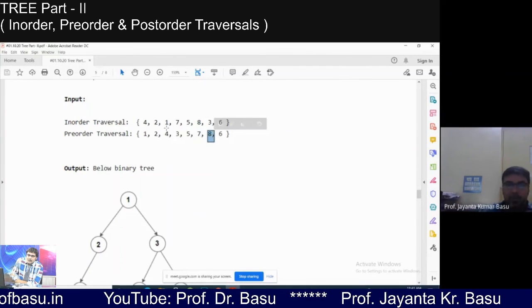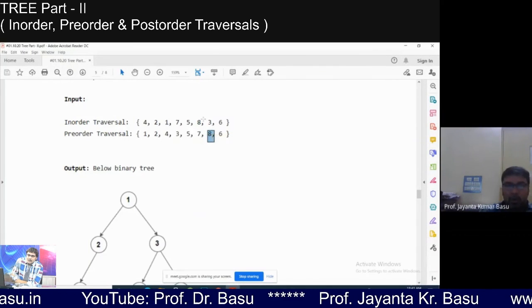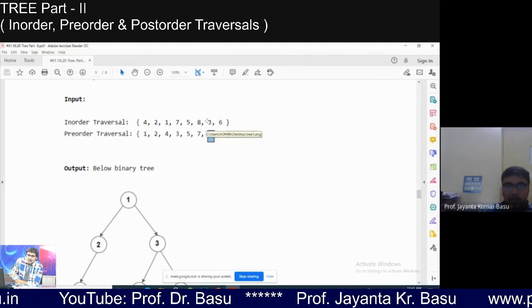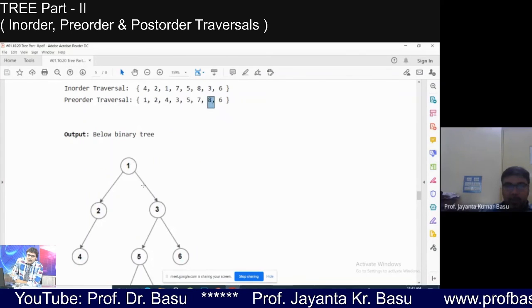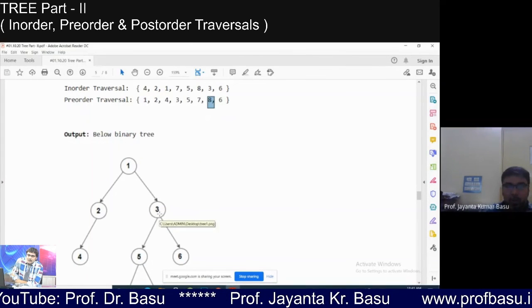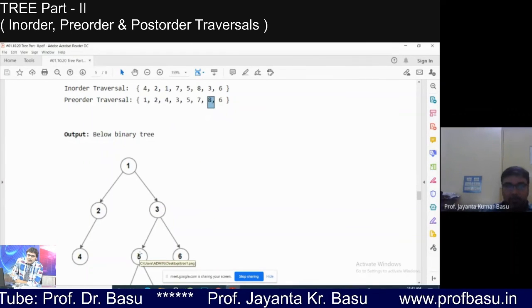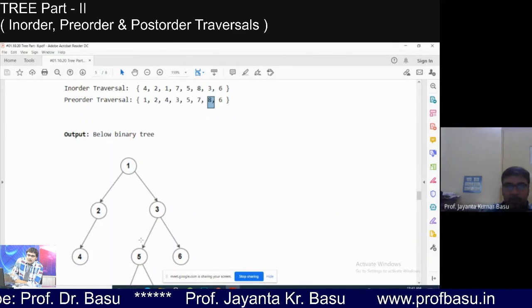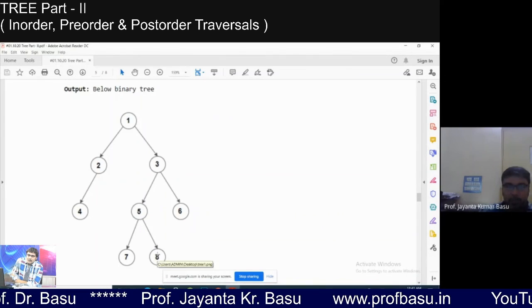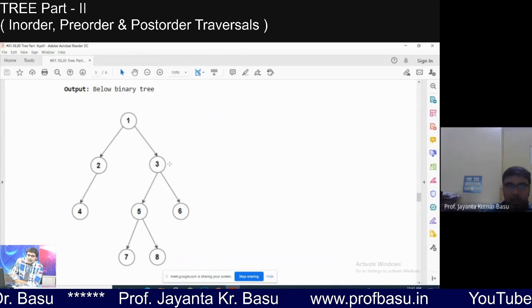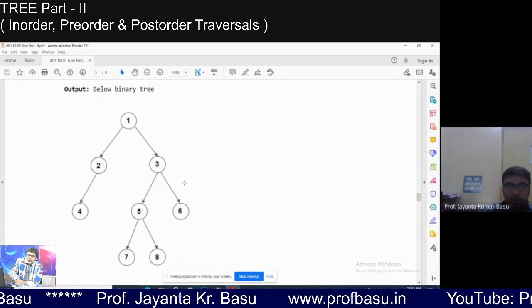So 8 comes on the right side of the 1, left side of the 3, but right side of the 5. Right? Got it? You will check one level by one level.